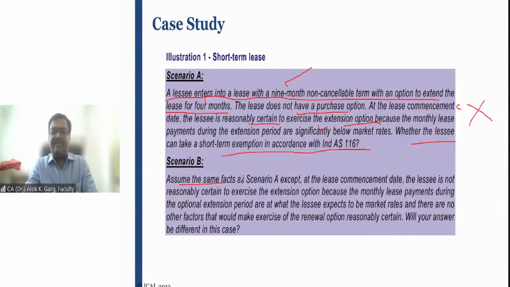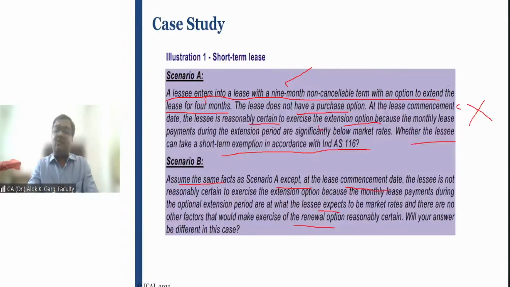Assume the same facts as scenario A, except at the lease commencement date, the lessee is not reasonably certain to exercise the extension option because the monthly lease payments during the optional extension period are at what the lessee expects to be the market rate. It is on the market rate only. And there are no other factors that would make exercise of the renewal option reasonably certain.